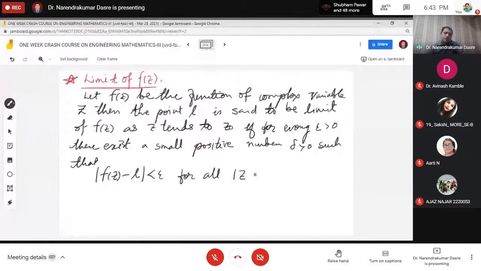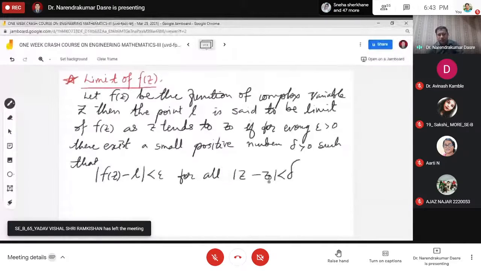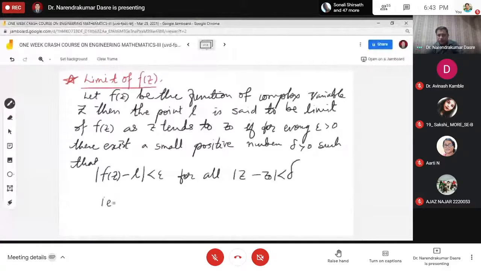So if z is in the delta neighborhood of z0, then f of z is in the epsilon neighborhood of L, and we simply write this as limit of f of z as z tends to z0 is equal to L. This way we can define the limit of the function.